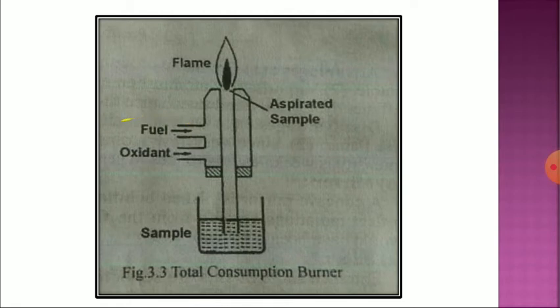That hydrogen gas will pass from this direction and go to the top, and oxygen as the oxidant will go through this other tube. Again it will come to the top of this burner, and here both will be burned.